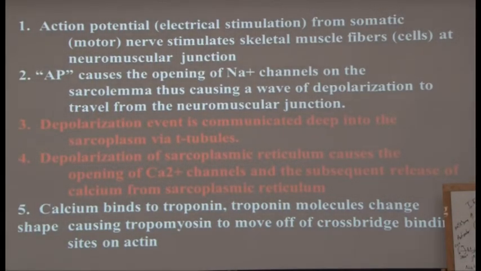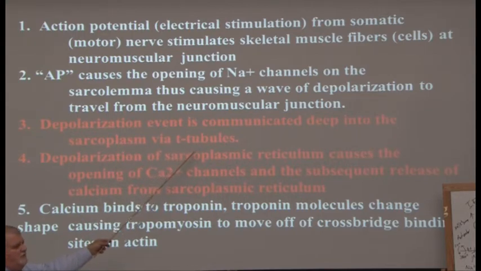All right. So the next step is thinking about how a muscle cell is constructed and how we can take this surface event on the sarcolemma of the membrane, and communicate it deep into the cytoplasm of the cell.